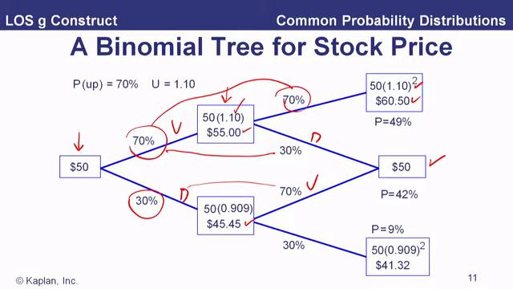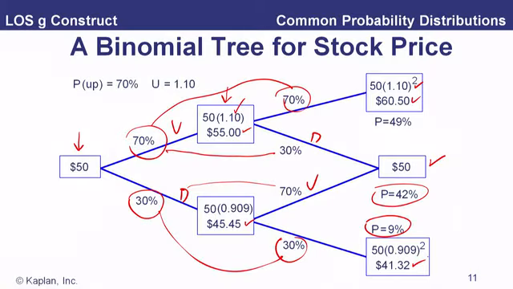So 21% each route, two ways to get there, that gives us 42% probability of getting back to our original price here. And the probability of two down moves is 9%, 30% times 30%. And that would get our price down to 41.32.